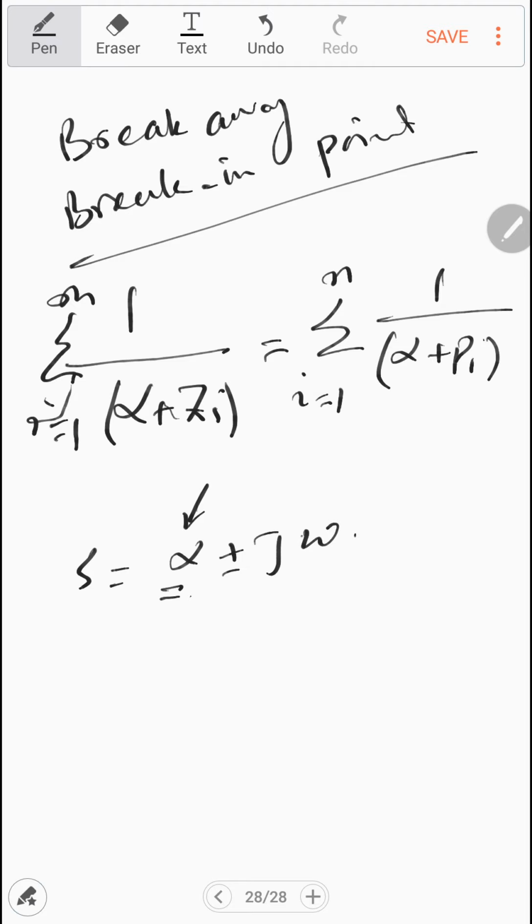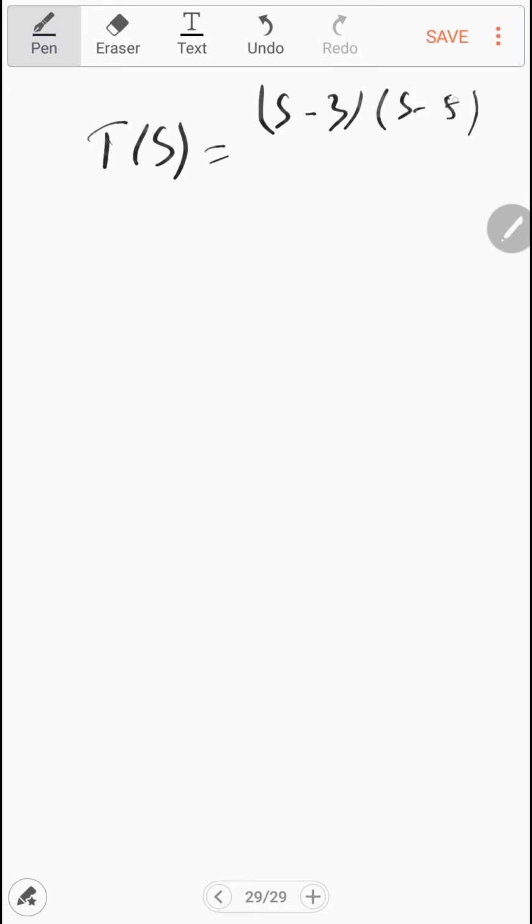Let us use this in a new example. Let's say we have the transfer function s minus 3, s minus 5, divided by s plus 1, and then s plus 2.